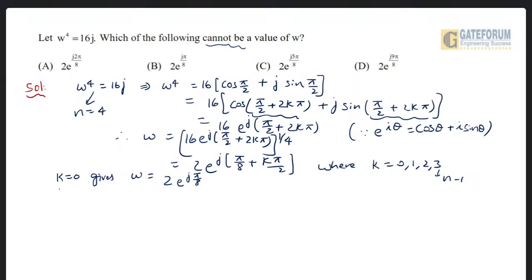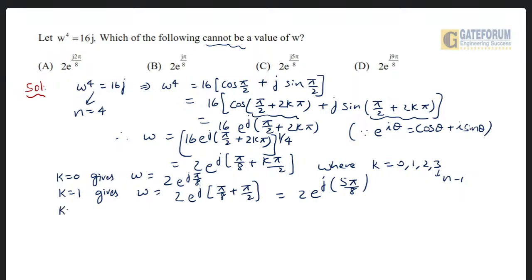Now, k is equal to 1: putting k is equal to 1, pi by 8 plus pi by 2. 2 into e power j into (pi by 8 plus pi by 2). Pi by 2 can be written as 4 pi by 8, taking LCM. So this simplifies to 2 into e to the power j 5 pi by 8. This is also there in the options.